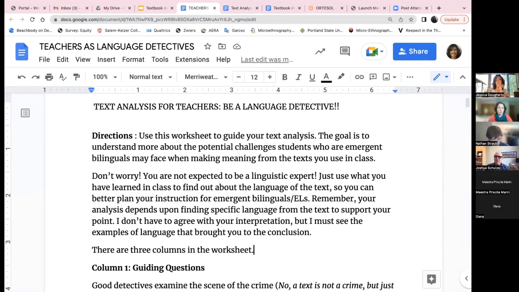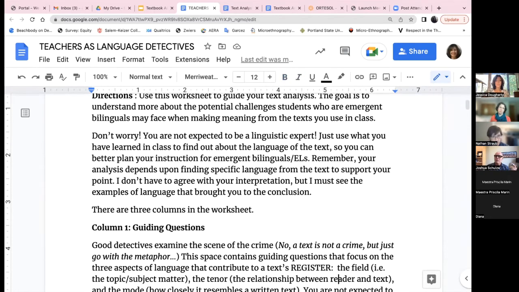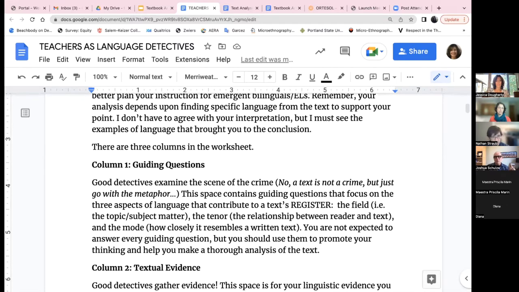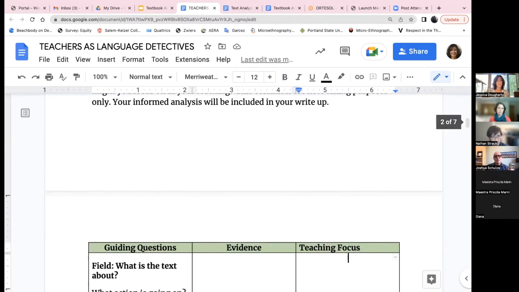So I've tried to change it, make it a little bit more specific in the things that they're looking for in terms of pinpointing how the language is used in the textbook they're looking at, looking particularly at field, tenor, and mode. And so there are a couple of guiding questions. Yeah, you can go down to that here.